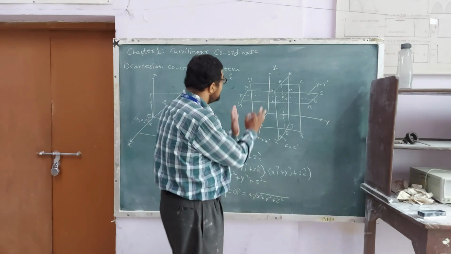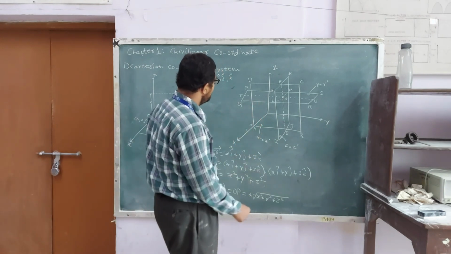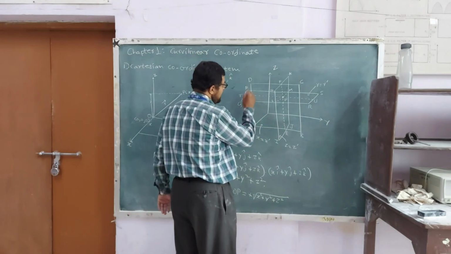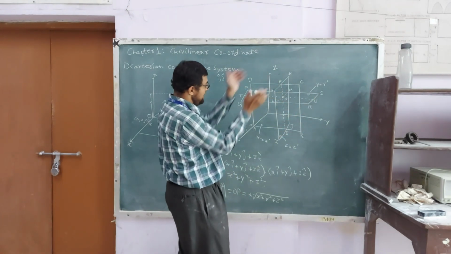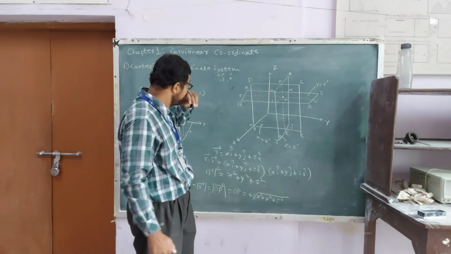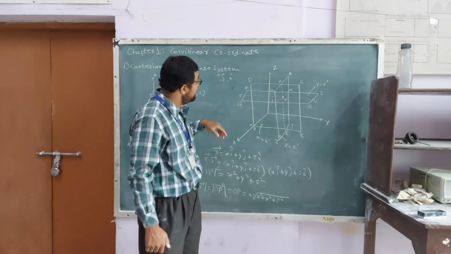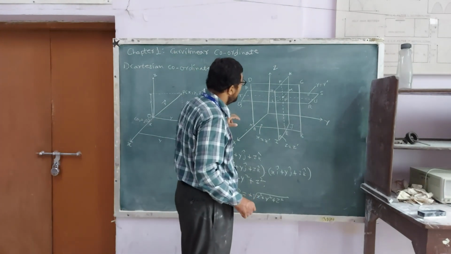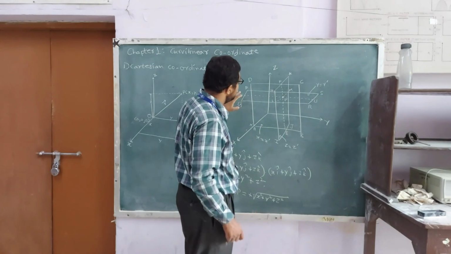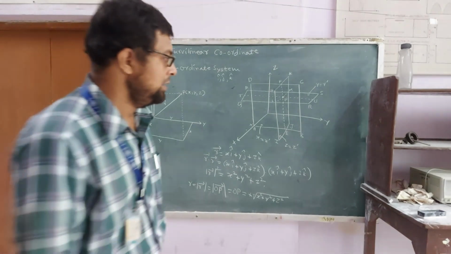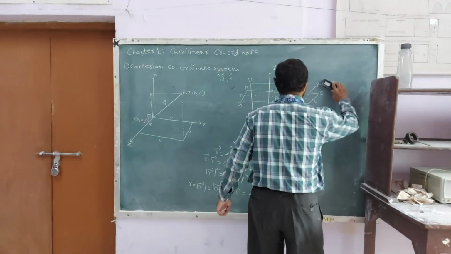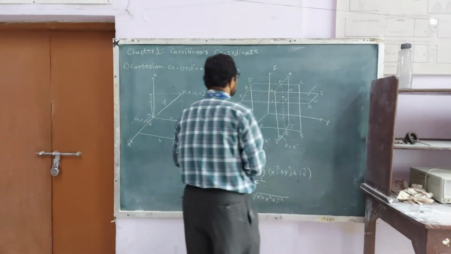Then we have another plane here, that is nothing but what? This plane, that is P, Q, R, S. Again this plane is like this. This plane is nothing but what?